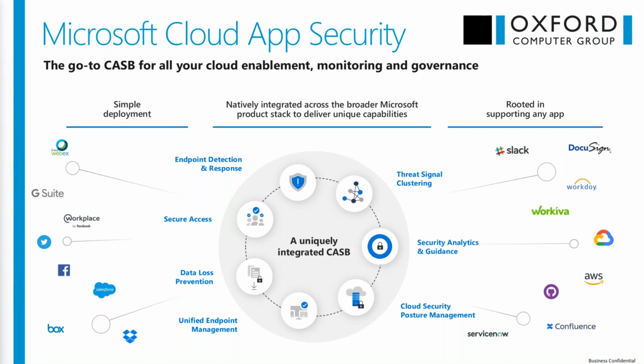Of course, the old traditional model was all your apps were on-prem, all your apps and your endpoints were behind a firewall, even with mobile users connecting via VPNs, still behind the firewall. And so you had control over your applications and how they were being accessed.